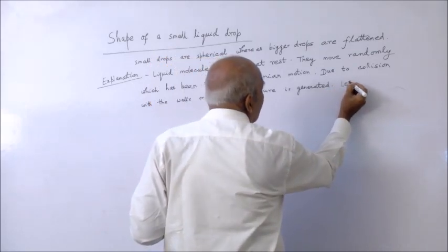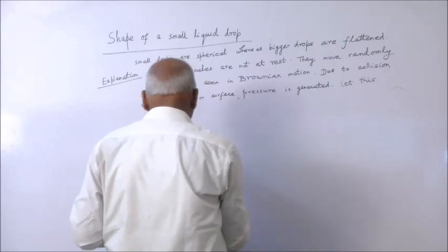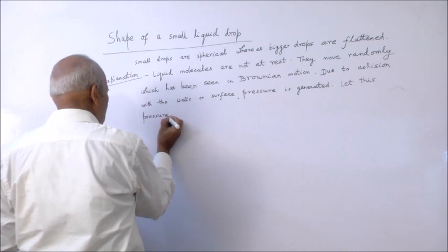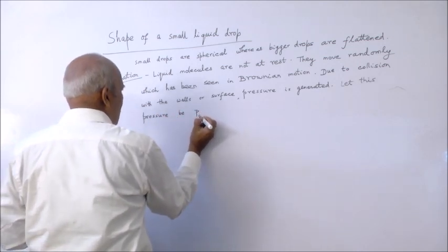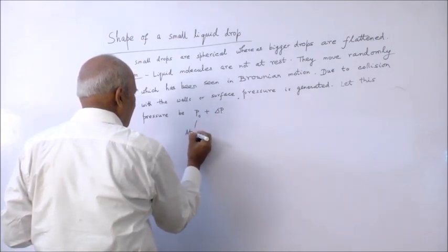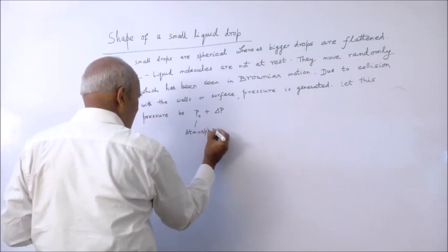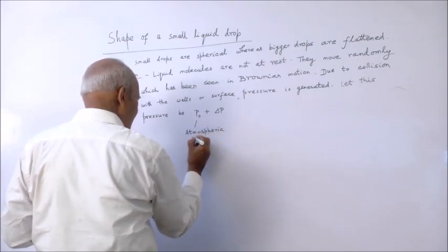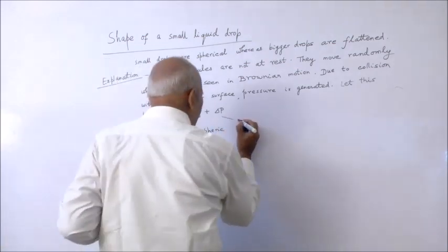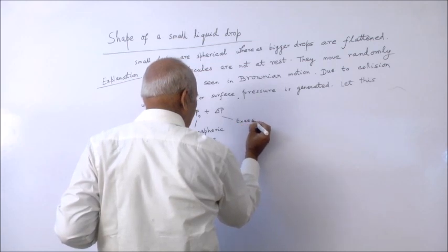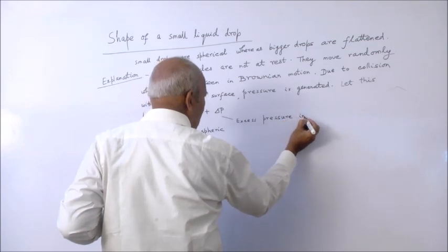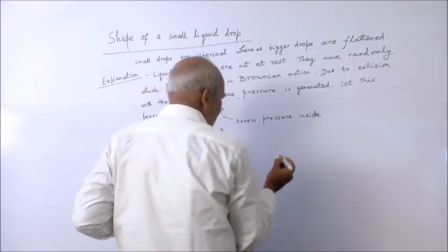Let this pressure be P0 plus delta P. So, this P0 is the atmospheric pressure, and this is called the excess pressure inside the drop.